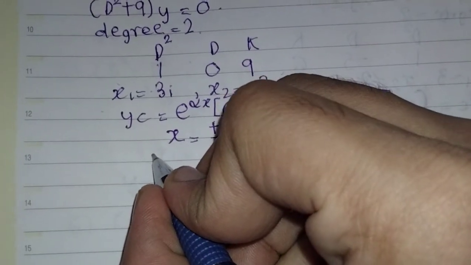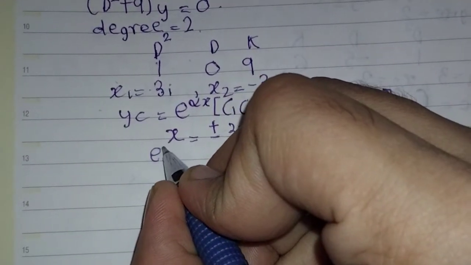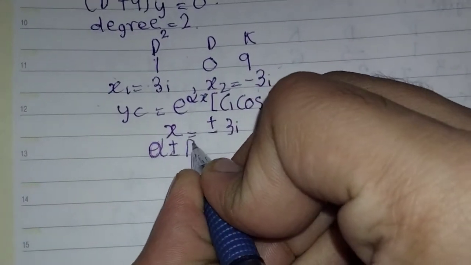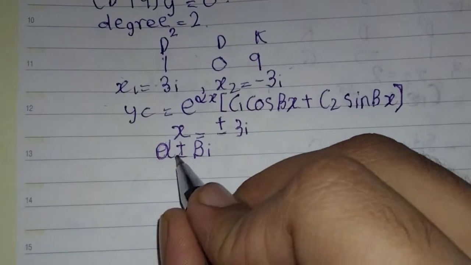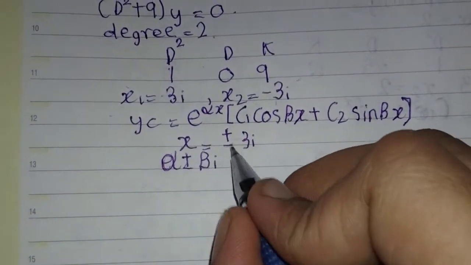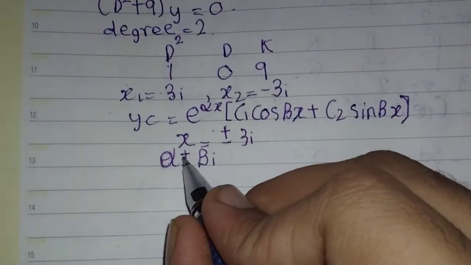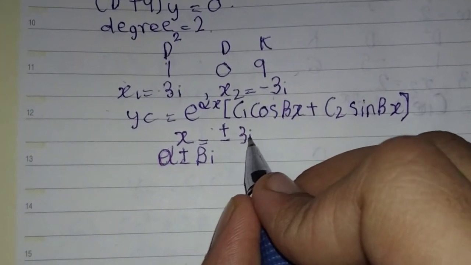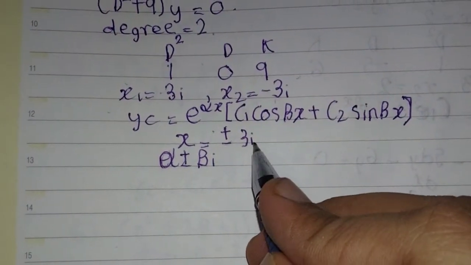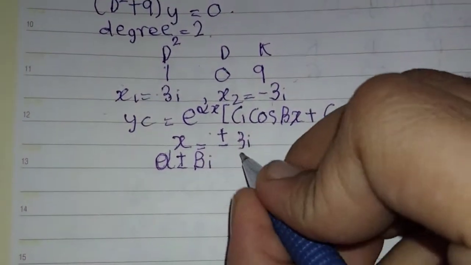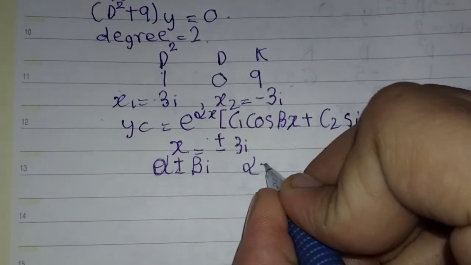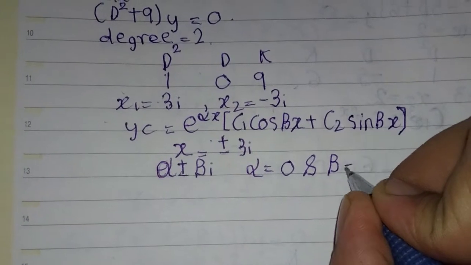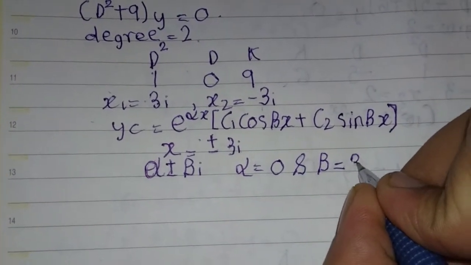So what is the value of alpha? Alpha is the term which is not the neighbor of the i term. The neighbor of the i term is the beta term. So here alpha is equal to 0 and beta is equal to 3.